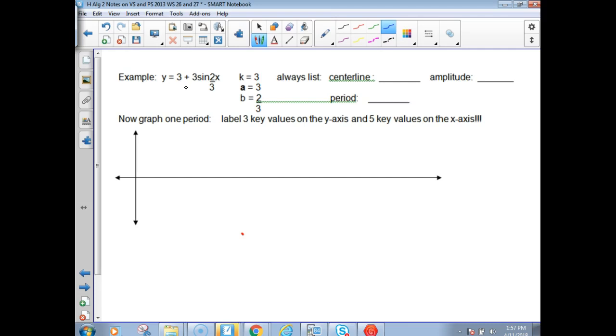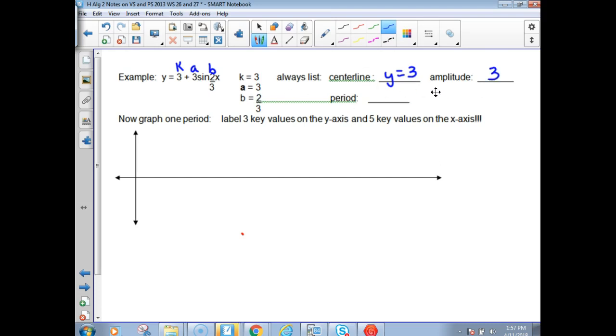All right, for our first example, here we go. This is your K value, this is your A value, and this is where your B value is. Always list the center line, which will be y equals 3, your K value. It says K is 3, A is 3, B is 2/3. The amplitude is the absolute value of A, so that would be 3.